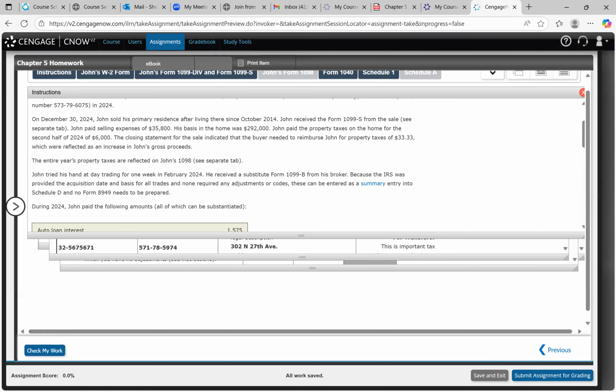Okay, so you can see here we show the basis in the home is $292,000, and we will show that we had selling expenses again of $35,800. So that $35,800 will be an adjustment to selling expenses.